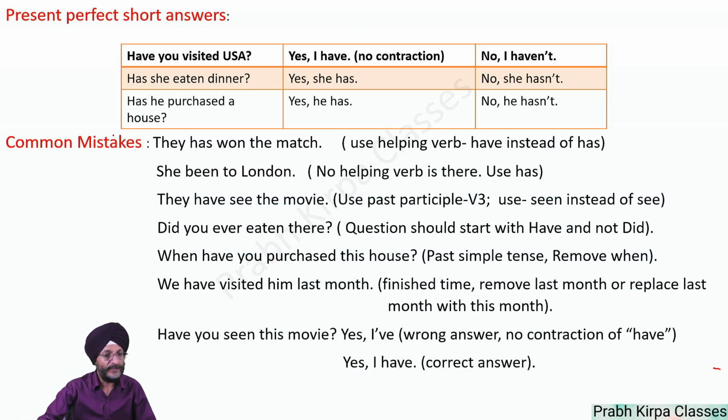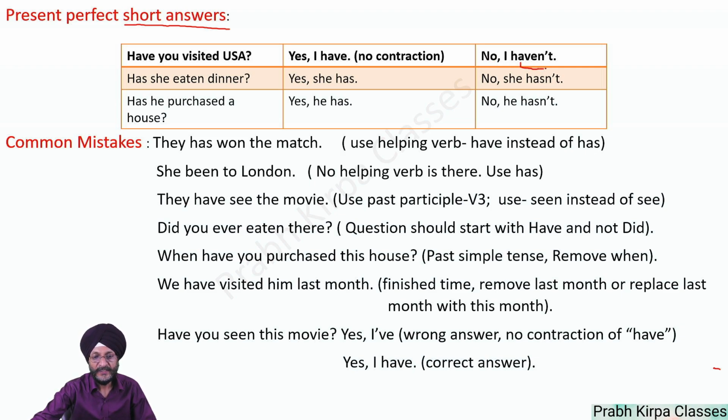In the case of present perfect, we can also give answers in short form. If the question is, have you visited USA? We can give the answer, yes, I have. You will please observe that there is no contraction. But if the answer is in negative, you will see that the answer will be, no, I haven't.